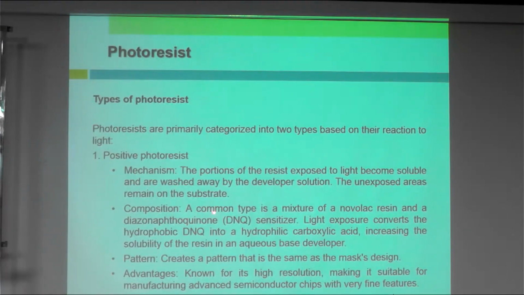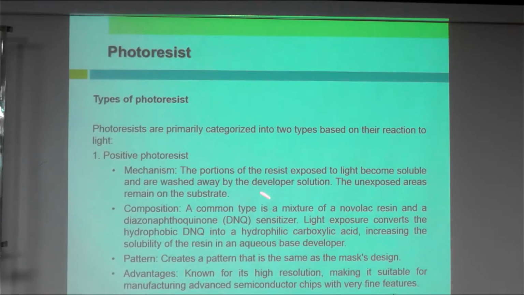As a composition, a common type is a mixture of novolac resin and diazonaphthoquinone, DNQ, sensitizer. Light exposure converts the hydrophobic DNQ into a hydrophilic carboxylic acid, increasing the solubility of the resin in the aqueous-based developer.